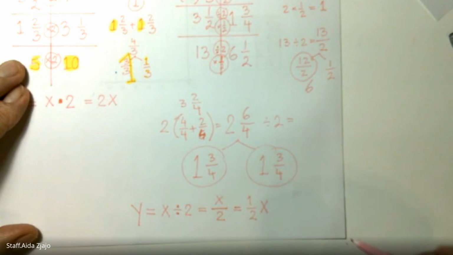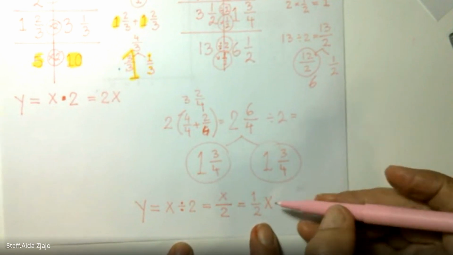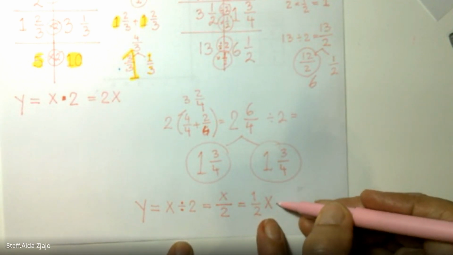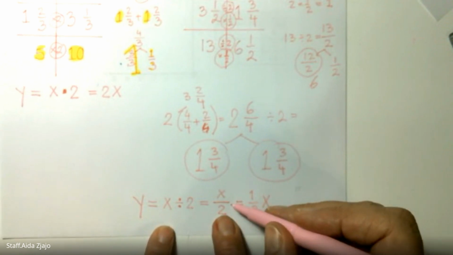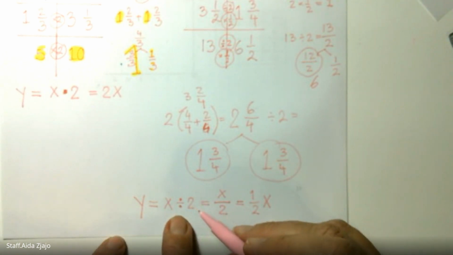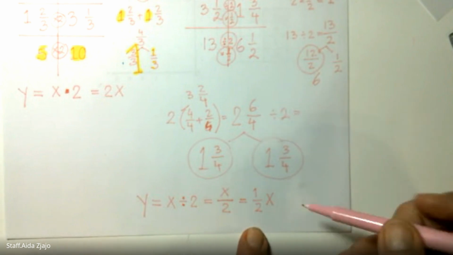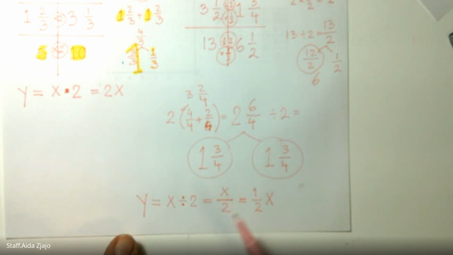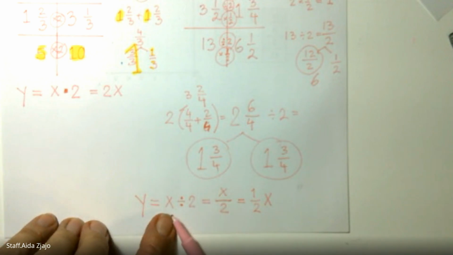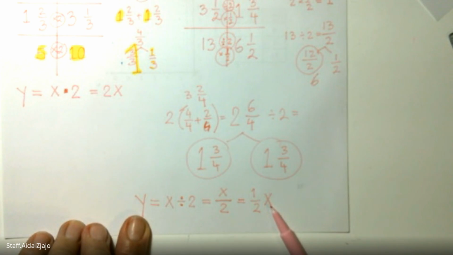By the rule, you can put x in front, because x times 1/2 is x halves, and x halves makes x divided by 2. So that proves that relationship: to find y, we can divide every x by 2, or y is 1/2 of x.